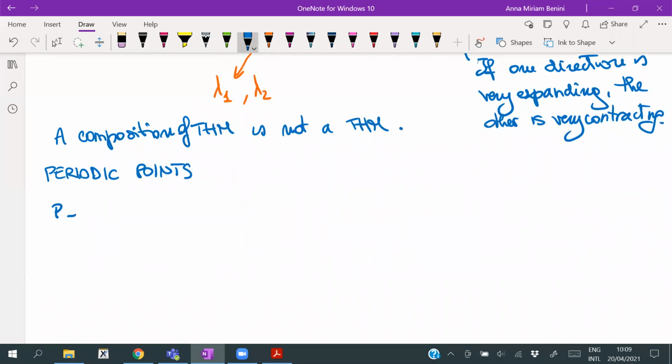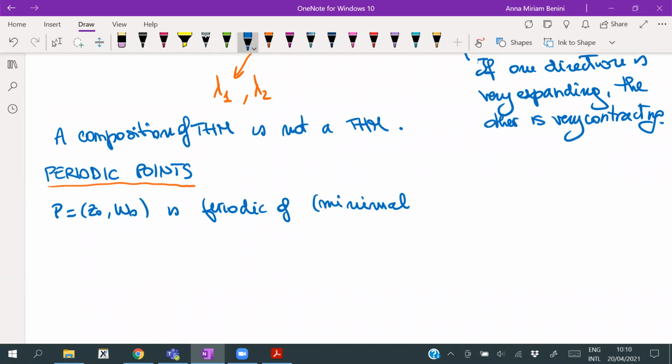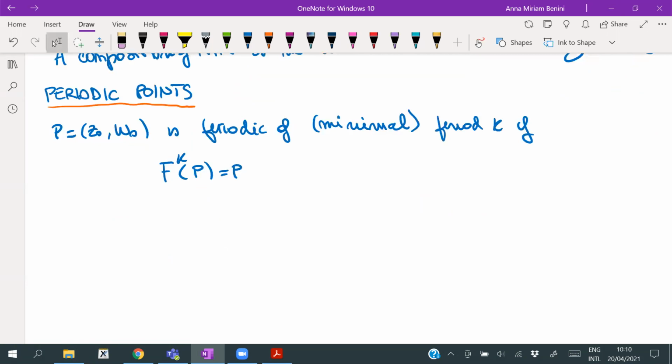So a point P, with coordinates Z0, W0, is periodic of period k, and usually you take the smallest k for which this happens, if f to the k, this is the composition of f with itself k times, okay, but we're all dynamicists, so this should be clear, of your point P is equal to P.